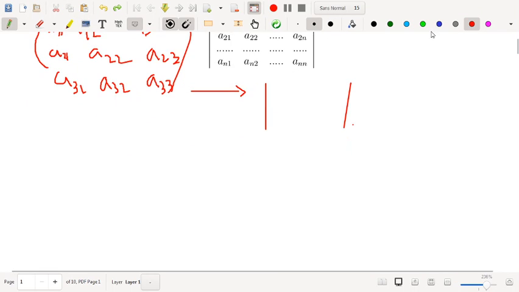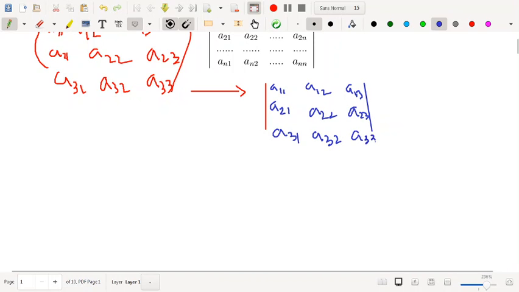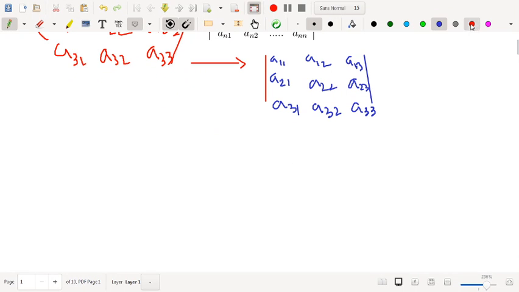So what you are getting here is A11, A12, A13, A21, A22 and A23, A31, A32 and A33, right. The matrix is written like an expression in determinant form.